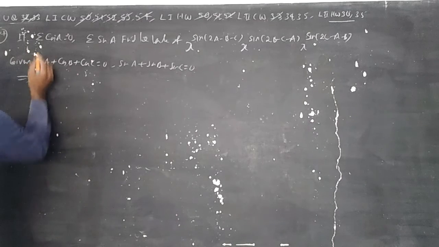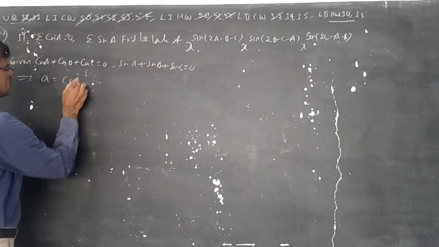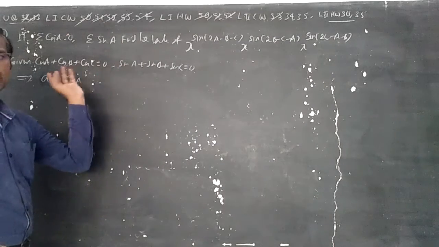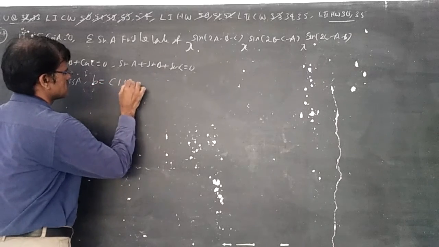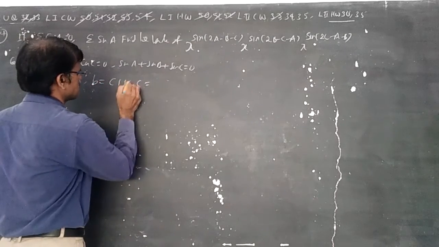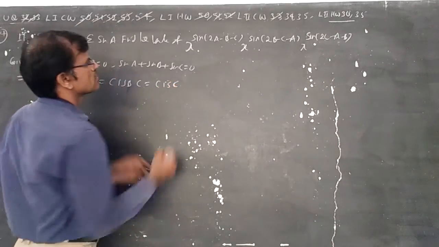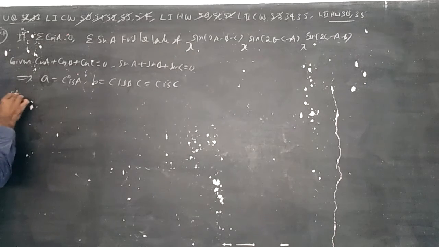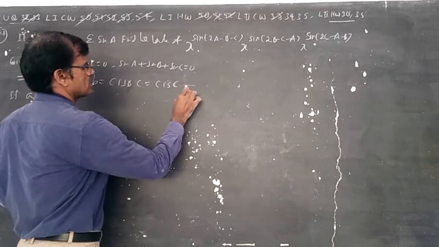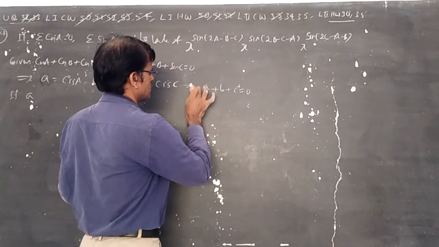So let a equal to cis A, multiply the sine one with i and add. a is equal to cis A, b is equal to cis B, c is equal to cis C. So we can write a plus b plus c is equal to 0.